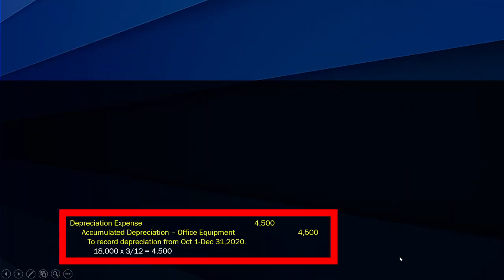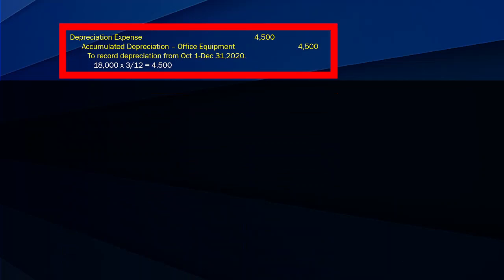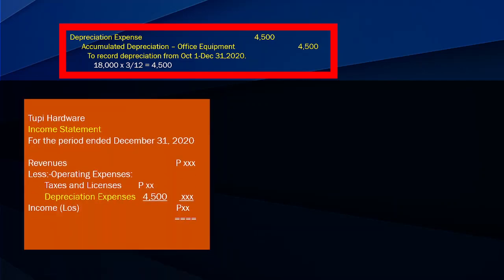Alright, let us continue. Using our journal entries to take up the depreciation expense, the depreciation expense account is reported in the income statement as shown in this presentation. What I'm presenting to you is a sample format of an income statement for the period ended December 31, 2020.